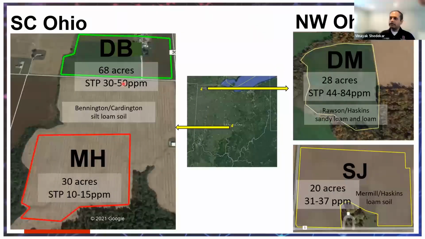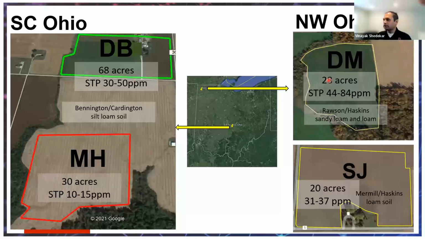At each of these sites, what we're looking at is a field that has been under a very long-term soil health practice management. So for example, this field right here, it's just south of Columbus, has close to somewhere between 45 and 50 years into cover crops and no-till. We're comparing that with an adjacent field that is conventionally being managed, by which I mean no cover crops, a conventional tillage or a rotational tillage type of system.